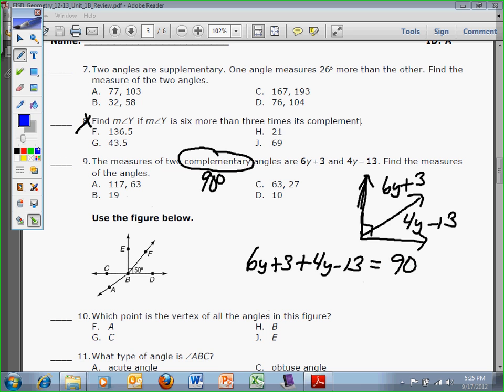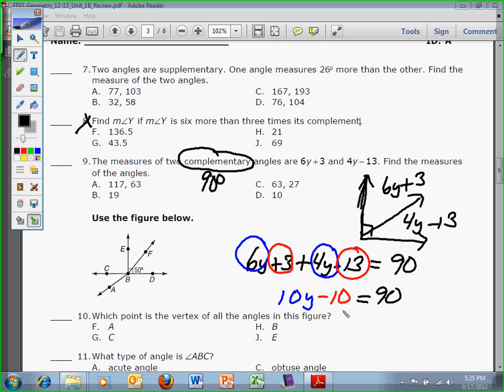Now I'm going to combine like terms. To solve for y, I have 6y and 4y, which gives me 10y. Then I have a positive 3 and a negative 13, so 3 minus 13 is negative 10. And that all gives me 90.